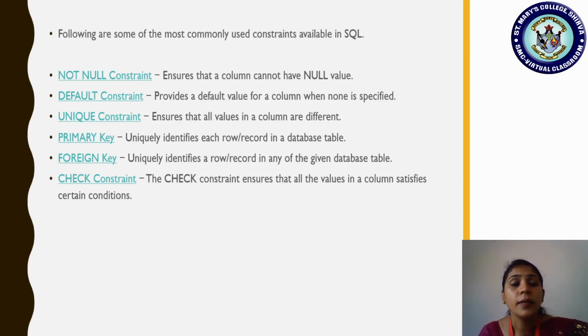In case the user tries to enter 4, 5, 6, no, class means what? It is only first year, second year, and third year. Only three values are valid, not other values like fourth year, fifth year, sixth year. It is not a valid one.